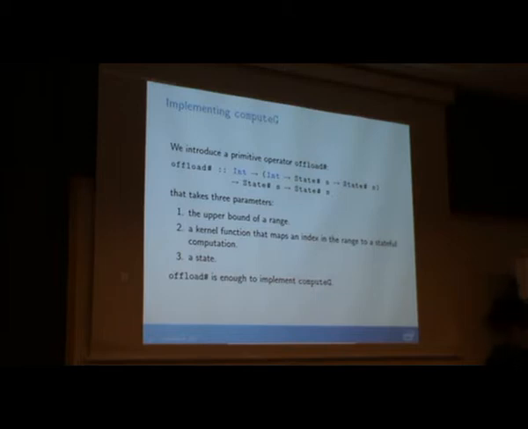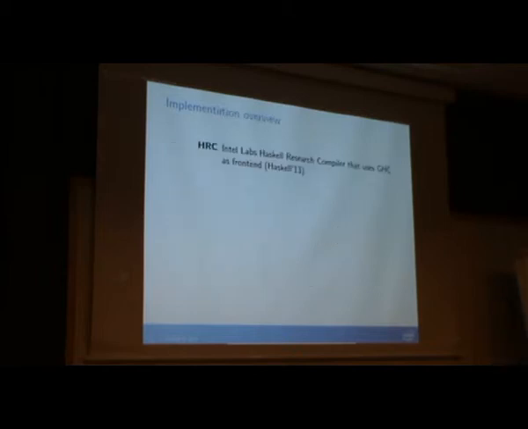I won't go into the details, but here I'll give you an overview of the overall implementation we have done. We chose to implement this in Intel Labs Haskell Research Compiler because this compiler can output programs very similar to C, where GHC doesn't really do that anymore.